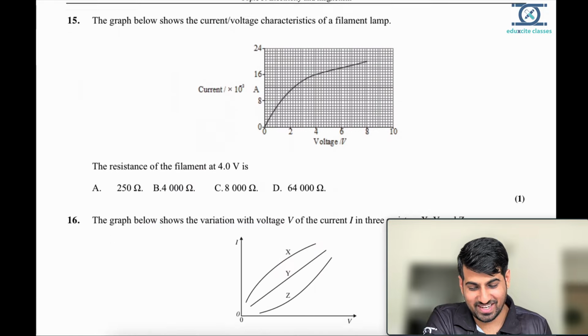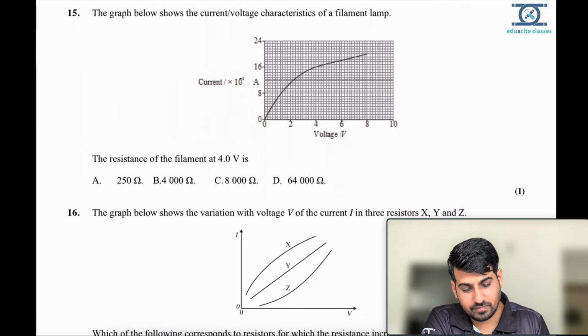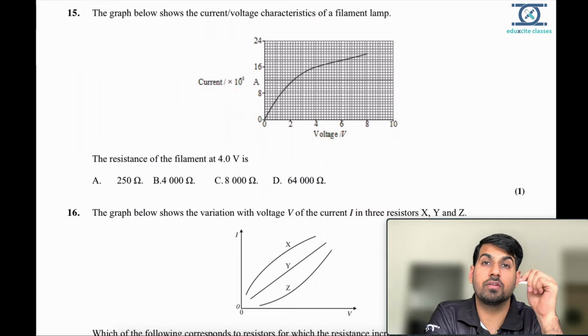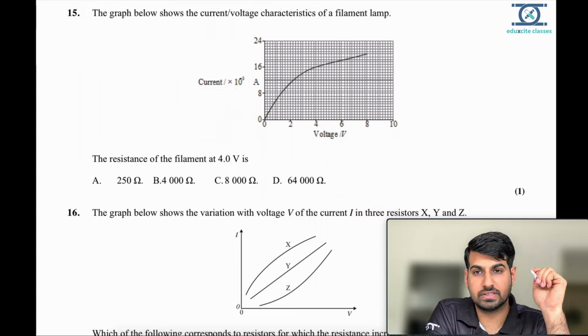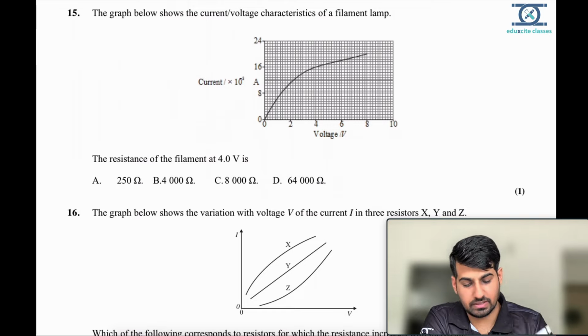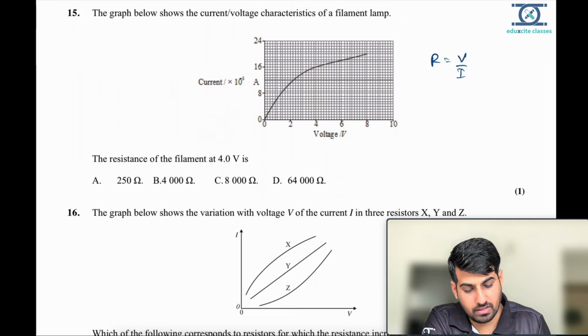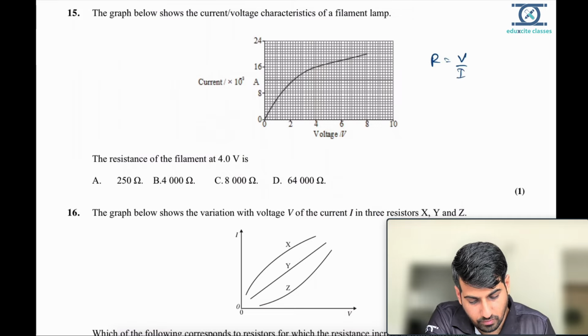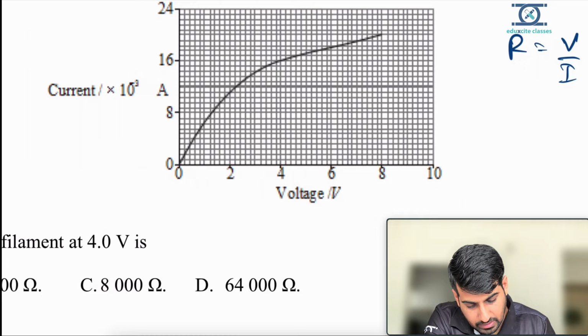Sorry. Now question number 15. A current versus voltage graph is given for a filament lamp. Now filament lamp is not an ohmic resistor, but for this question consider at 4 volt. The resistance of the filament at 4 volt will be what? Resistance will be V by I. You just check at 4 volt. If I zoom in at 4 volt, the current is something here which is 16, if you see.